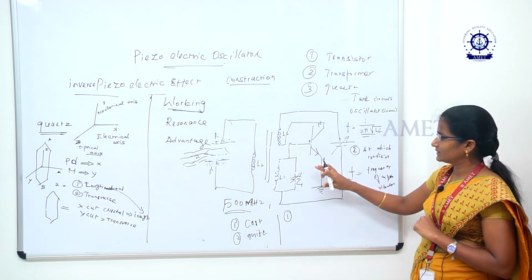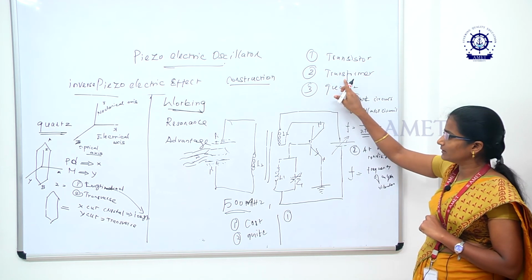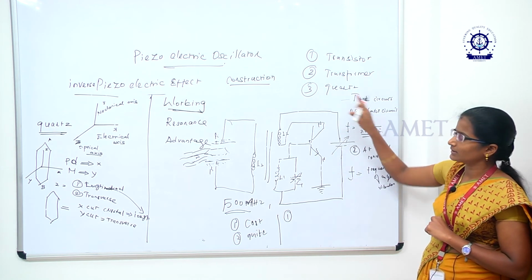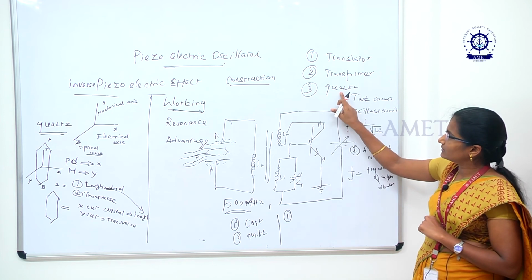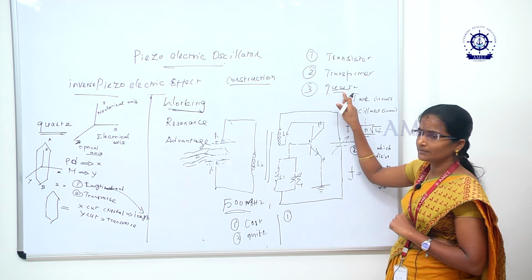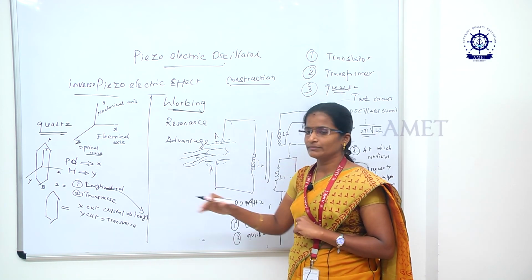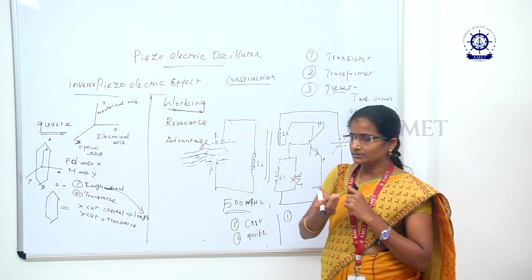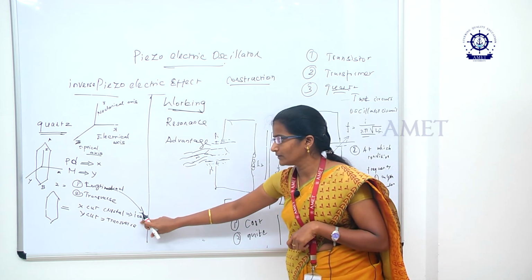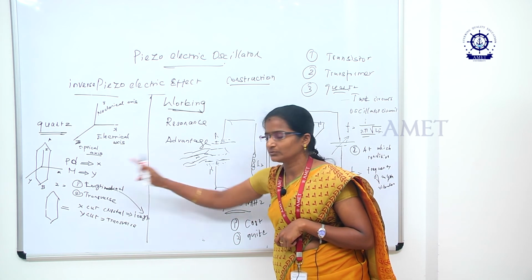The main things of this oscillator are the transistor working, the transformer function and the quartz crystal function. Before starting the oscillator function, we have to fix the quartz crystal based on its cutting, X-cut or Y-cut. Suppose we want to produce the transverse mode of ultrasonic waves, then we have to fix a Y-cut quartz crystal.